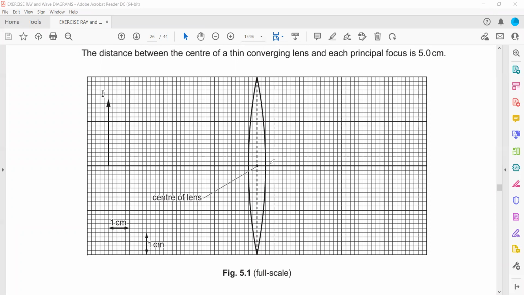So this is 1, 2, 3, 4, and 5. So this is 1 centimeter, then 2 centimeters, then 3, 4, 5 centimeters. So that is the focus. Here also 1, 2, 3, 4, 5.